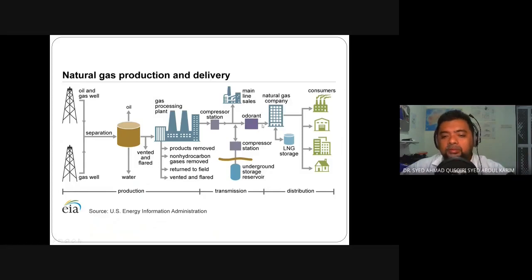From there it is sent to the natural gas company, which will handle the sales and distribution of this natural gas. It can be stored for later use, especially for peak hour use, and then it will be sent through pipelines to available consumers. So from there, we have the production phase, the transmission phase, and the distribution phase.